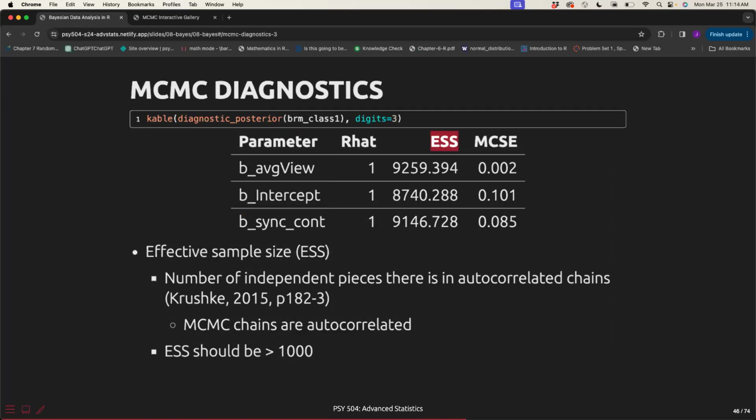If you remember how we're searching the parameter space, where future events depend on the current state, they're autocorrelated. So there's less information going into the estimation, and we want to make sure that ESS is very large. The rule of thumb is that ESS should be greater than 1,000. If it's not greater than 1,000, then we probably want to run more iterations for each chain.